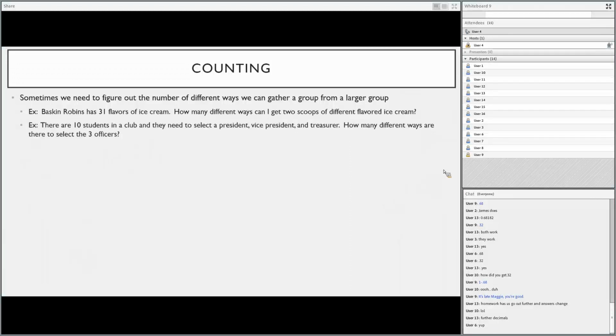So maybe I want to know how many different ways I can get 2 scoops of different flavored ice cream in the 2-scoop cup or the 2-scoop cone. Likewise, say there are 10 students in a club and they need to select a president, a vice president, and a treasurer for their club. So maybe I want to know how many different ways there are for them to select those 3 officers. These are different ways that I can count up the number of ways I can do something like that.